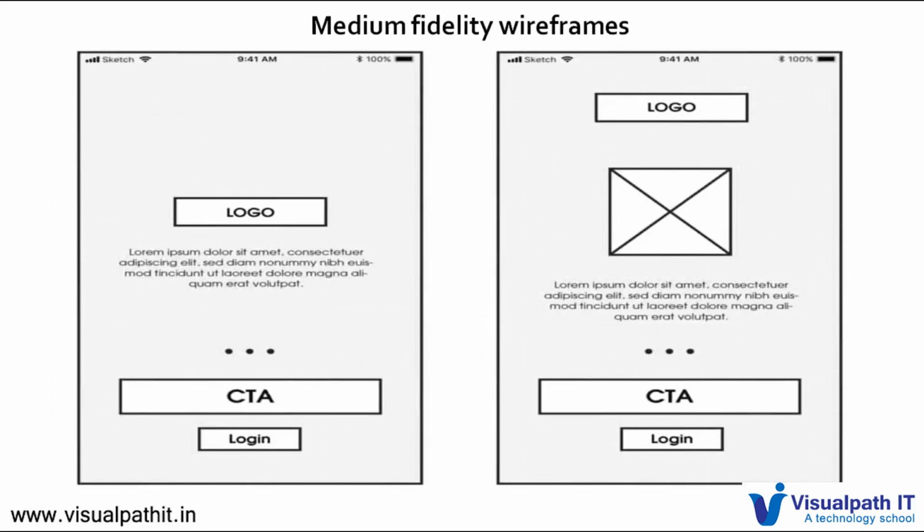Next, we have the medium fidelity wireframe. Usually there are just two kinds of wireframes, low fidelity and high fidelity, depending upon the project's time that designers have for wireframes. If the designer gets more time, then he can use high fidelity wireframes.